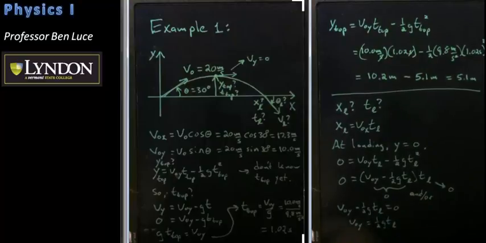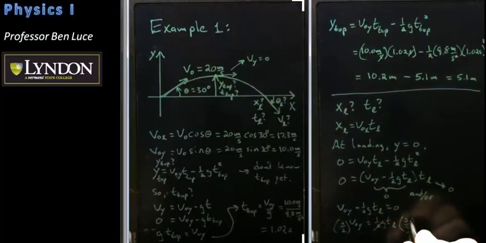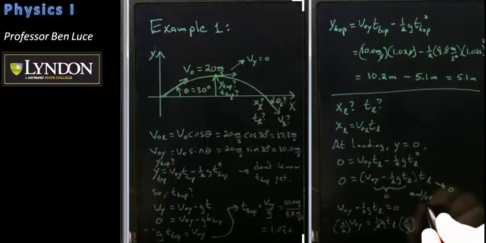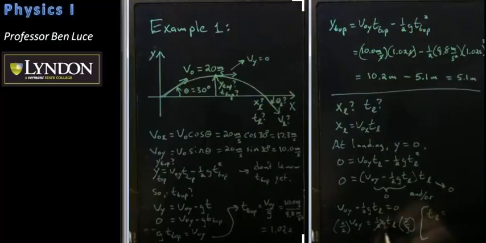We obtain this. Then we can multiply both sides by 2 divided by g. And that gets rid of the 2 there and the g there. And then we can flip the result around. We can see that TL is going to equal, make this clear here, that's a g there. TL must equal 2 v naught y over g.